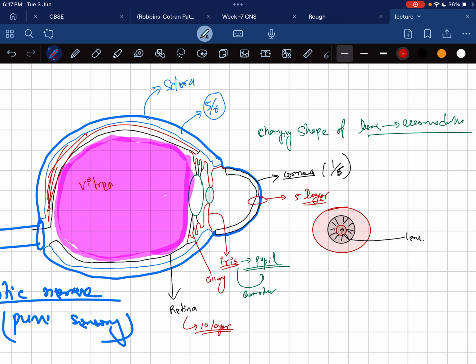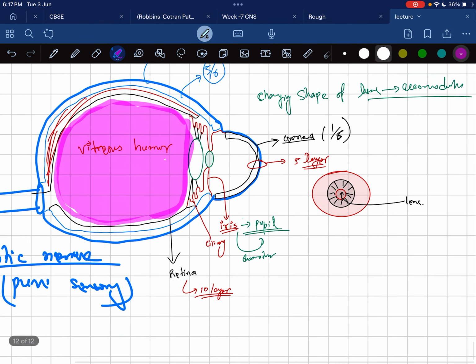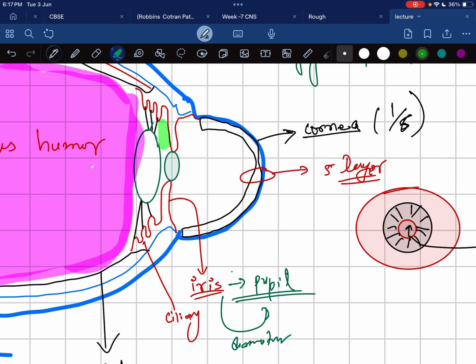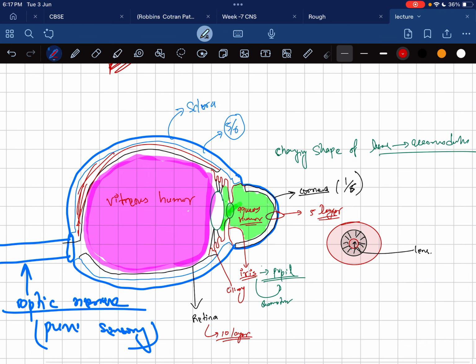The substance filled anterior to the lens, in between the lens and the cornea, is known as aqueous humor. This is basically the formation of the eye.